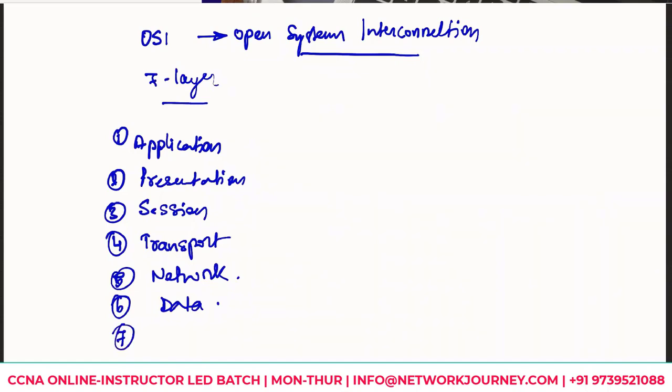Okay. So here, application being the topmost, which is nothing but like HTTP or DNS, whatever protocol they are, called layer 7 protocols.